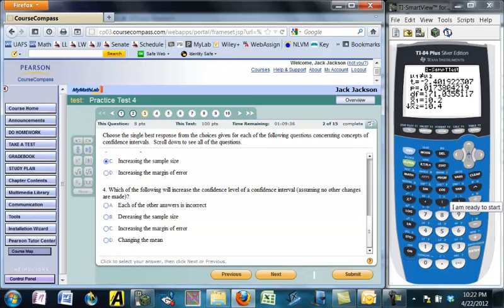If you increase the width, you will increase the confidence level, assuming you keep the sample size the same. So C will work. If you decrease the sample size and keep the width the same, then you're going to decrease the confidence level. So we want to increase the confidence level. We want to increase the margin of error.